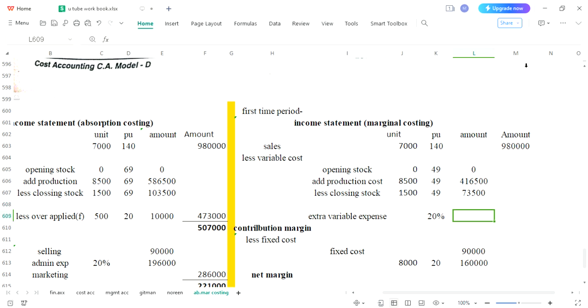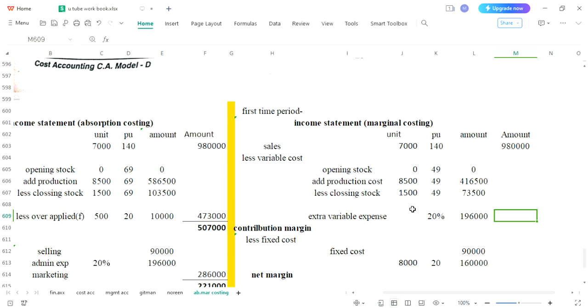And then we are now able to calculate our extra variable expenses, 20% of sale. Amount of sale is 980,000, and we need to calculate 20%, multiply by 20 divided by 100. In this way variable expenditures are also calculated. We are now free to calculate our contribution margin, which is difference between variable cost and sales. To calculate variable cost, we will follow these signs.